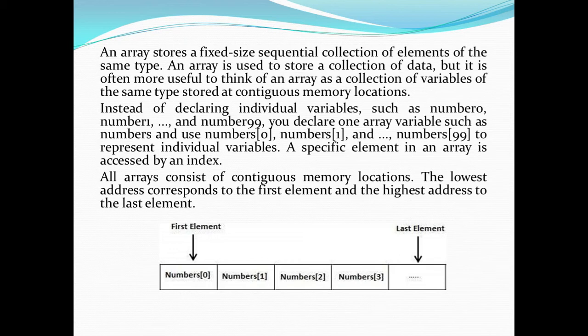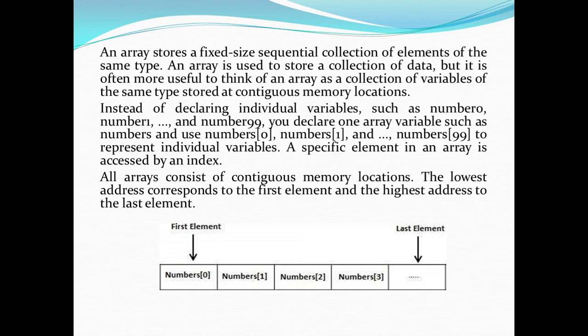An array is used to store a collection of data, but it is often more useful to think of an array as a collection of variables of the same type stored at contiguous memory locations.